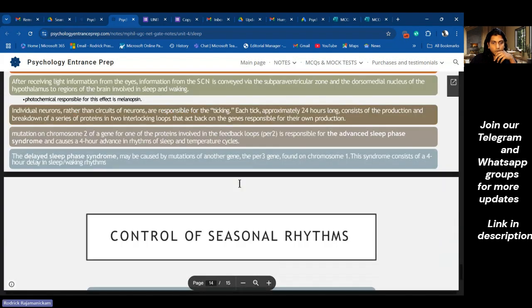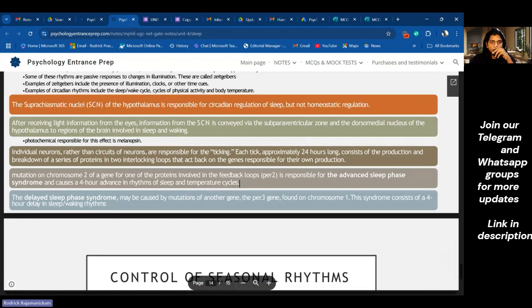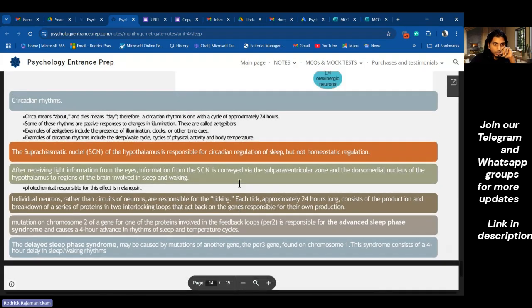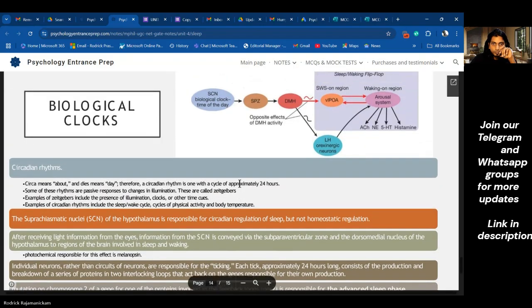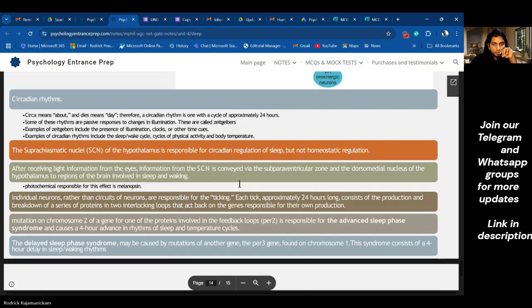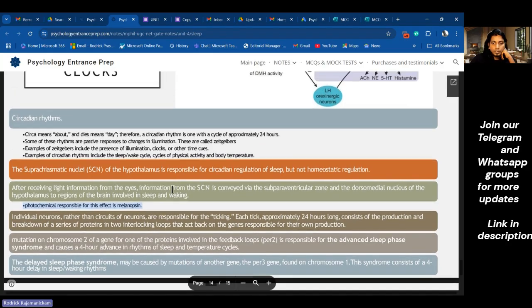Okay, so we are talking about circadian rhythm, right? So this is where it should be somewhere. So in the hypothalamus, you do find melatonin. That is what I think.